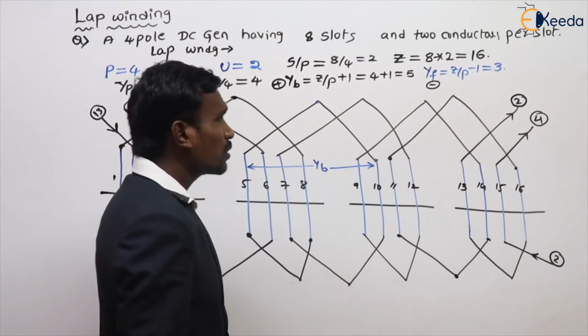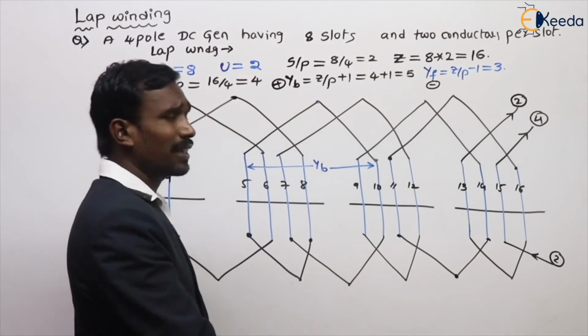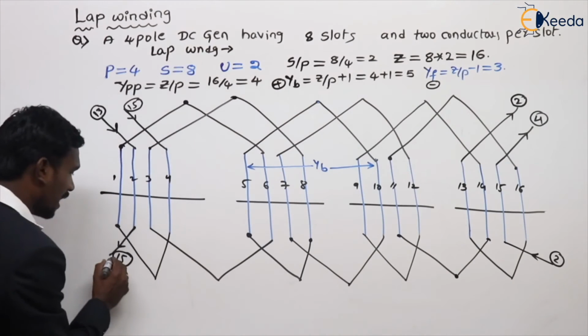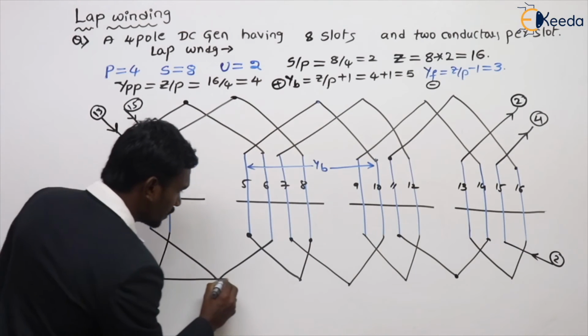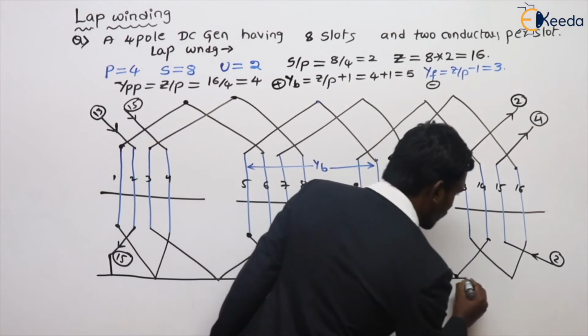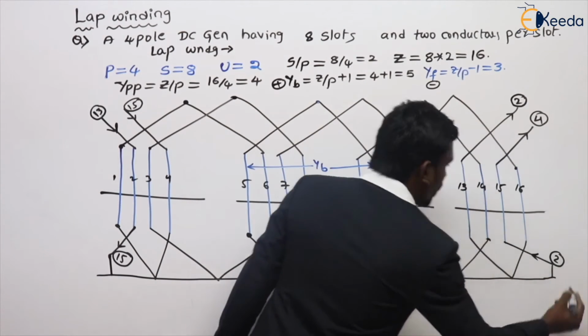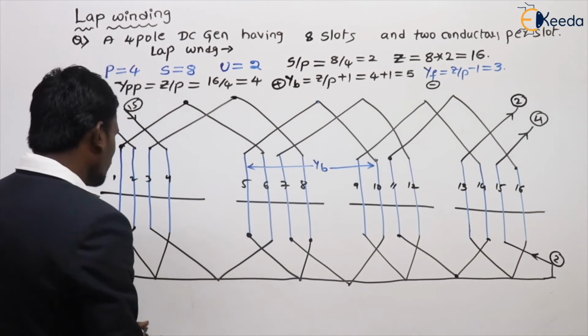Are you okay? So back pitch, front pitch, winding pitch and commutator pitch. Commutator pitch I already explained. Generally, all these armature coils are connected to the commutator.